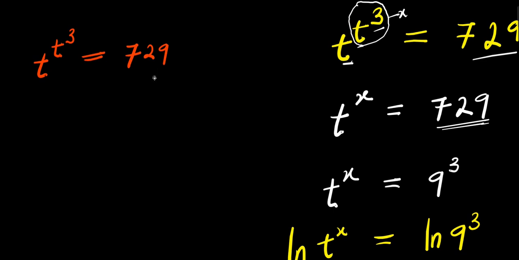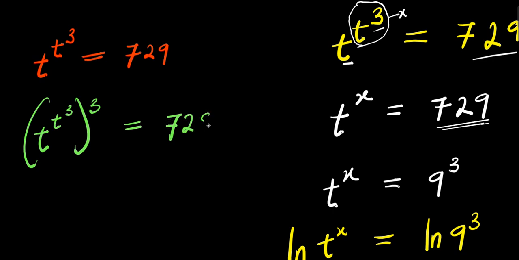Now what we can do is raise each part of this equation to the power of 3, because there's 3 here already. So t power 3, raised to the power of 3, equals 7 to 9 raised to the power of 3.